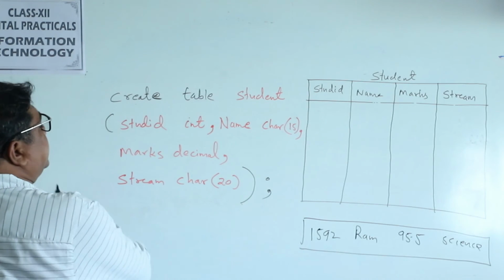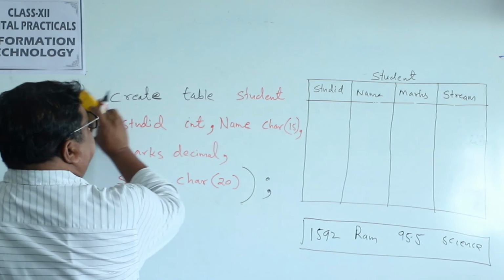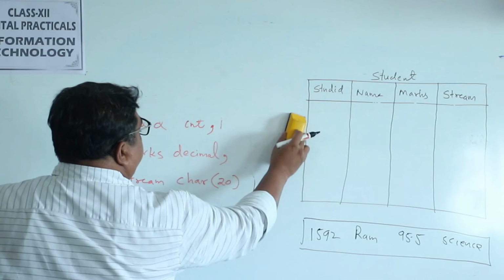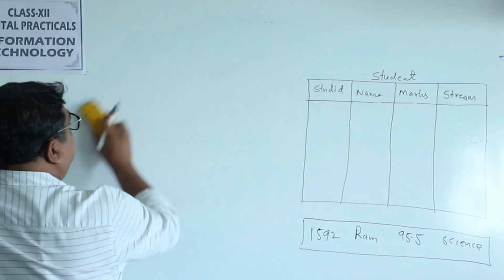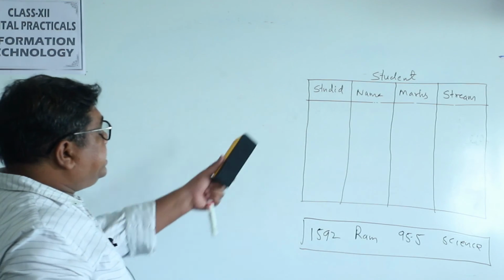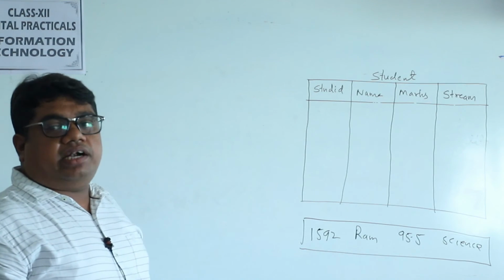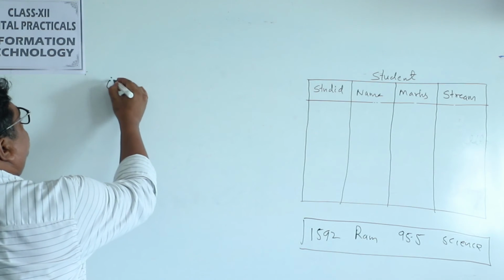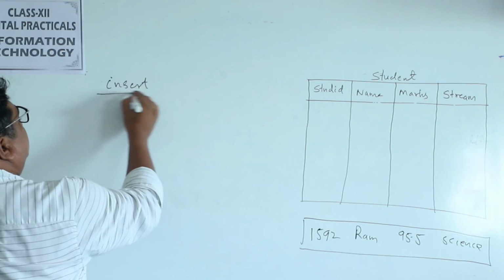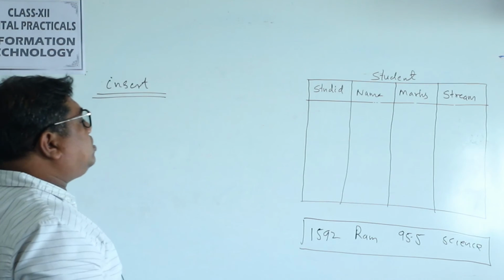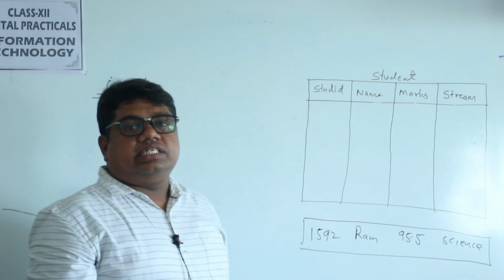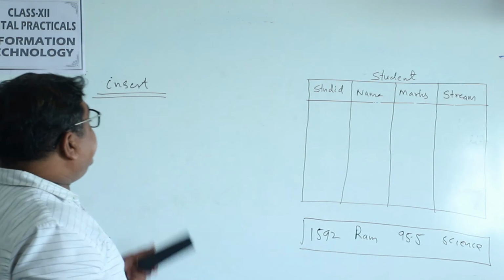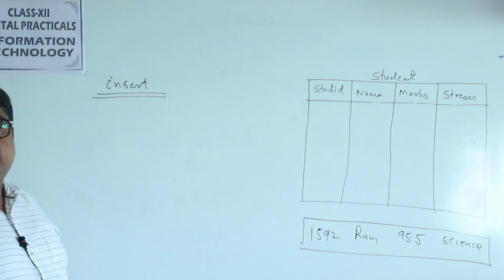So first what I will do, see after creation of the table, what we have to do? There is a command that is the insert command. Okay, and insert command is used to add rows or insert rows to the table, and it is a DML statement.